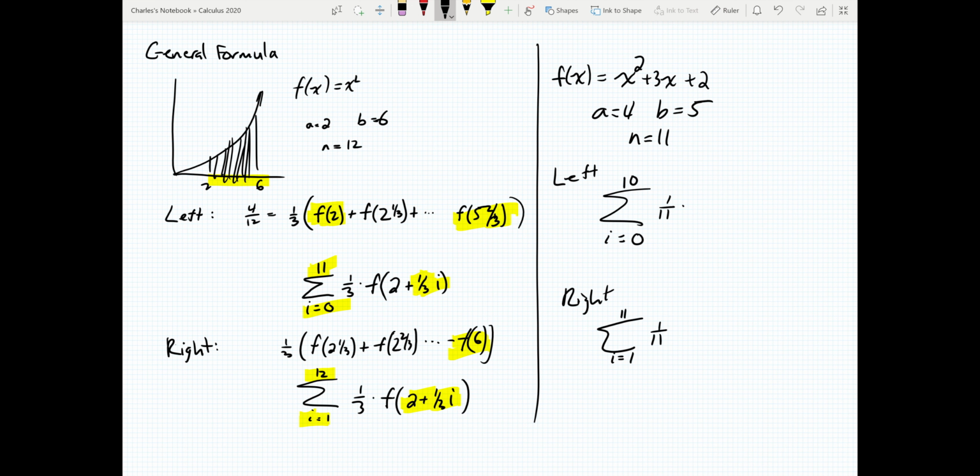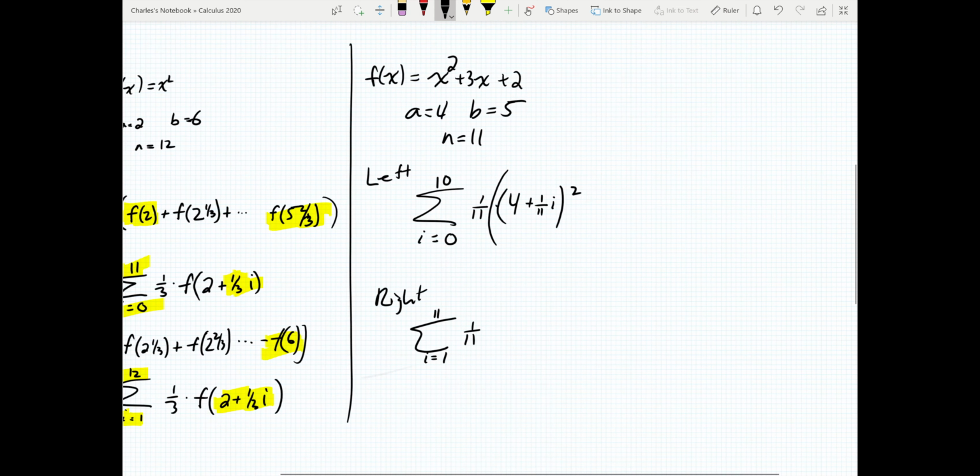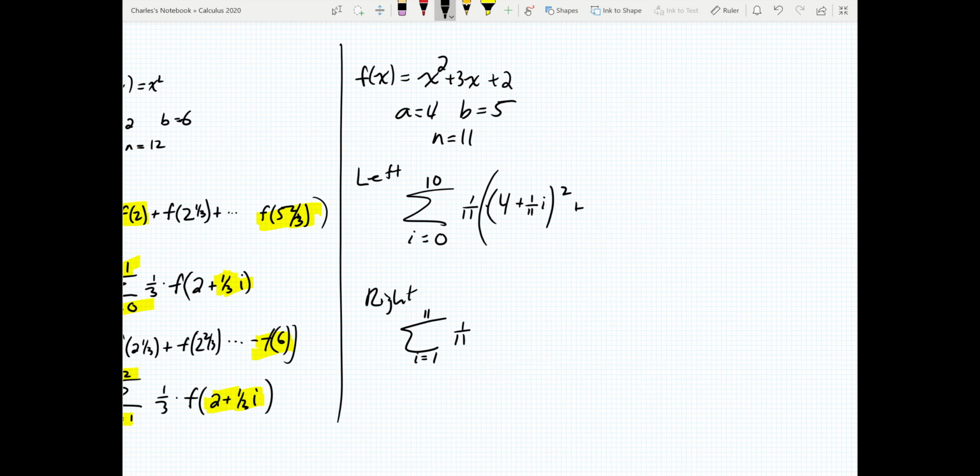So for x squared, I need to start at 4. So it's going to be 4 plus 1 over 11 i, squared, plus, this is a tricky one because it's got two x's in the formula, 3 times 4 plus 1 over 11 i, plus 2.